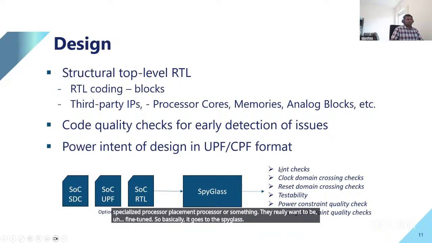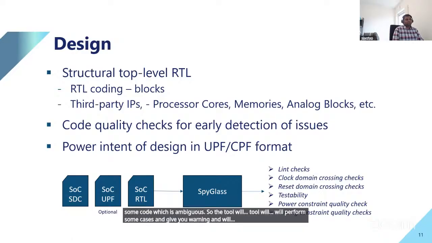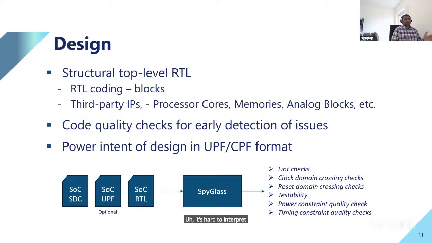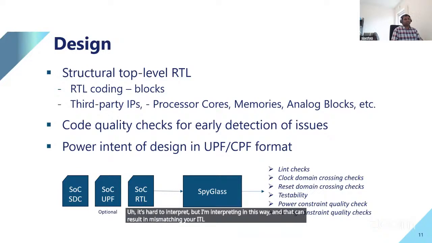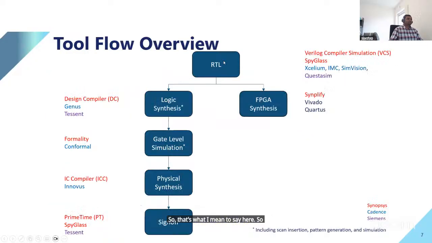In Spyglass, it will perform some lint checks. If you're writing code which is ambiguous, the tool will give you a warning and tell you, okay, you have written something like so and so. It's hard to interpret, but I'm interpreting it this way, and that can result in a mismatch between your RTL simulation and gate level simulation. So here, if you see, the simulation is working fine here but not working fine here.